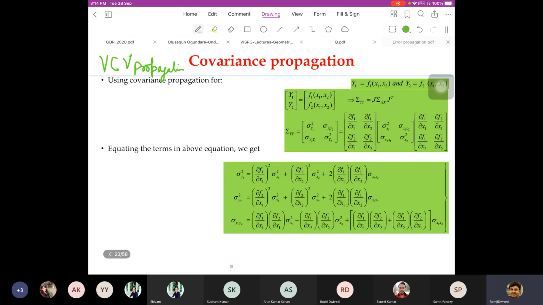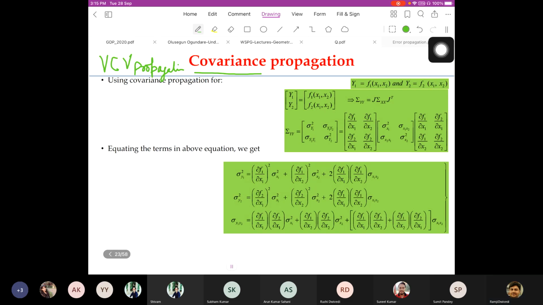Mostly we discussed the uncorrelated case where the raw or initial matrix is uncorrelated, and majority of the time you found your final matrix is also uncorrelated, but that's not always true. So in order to extend our understanding, we move to the conceptual understanding which we call covariance propagation.